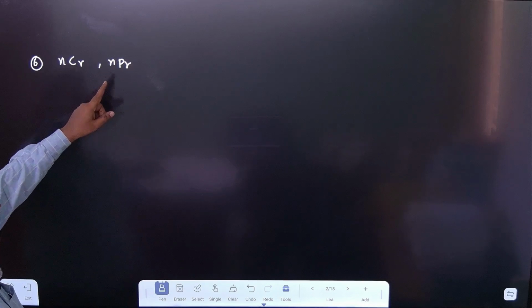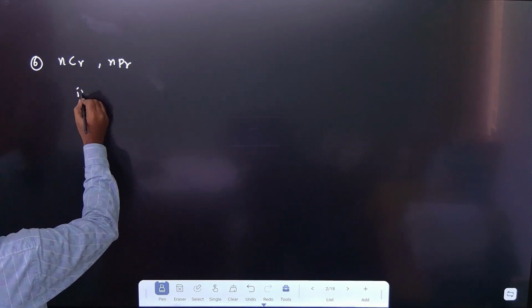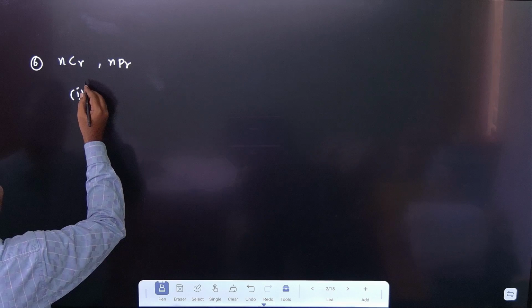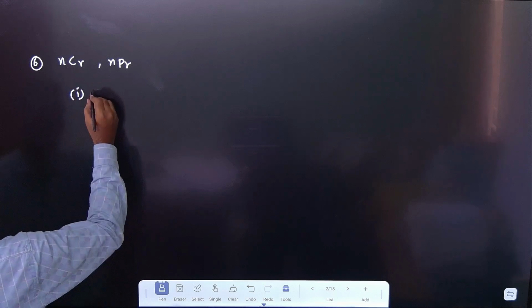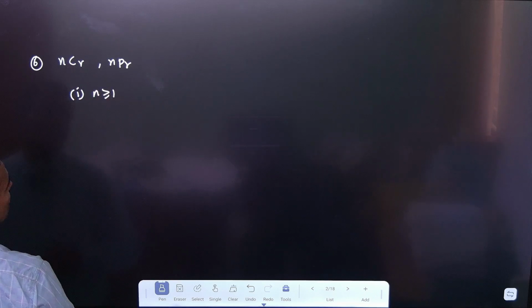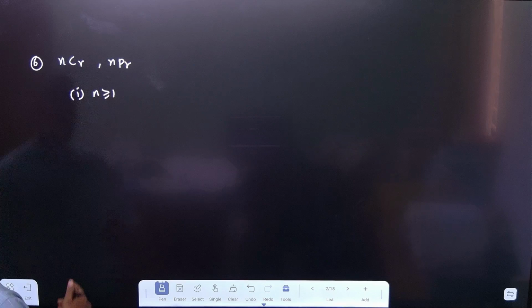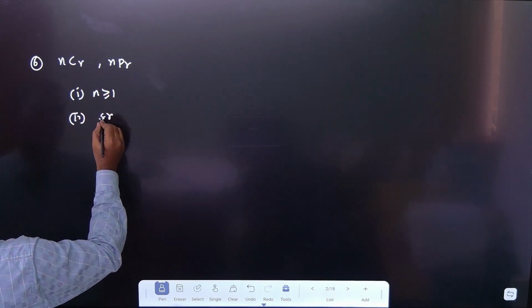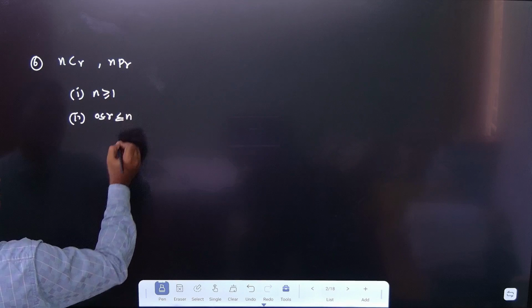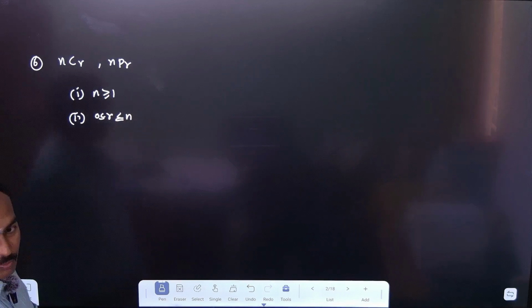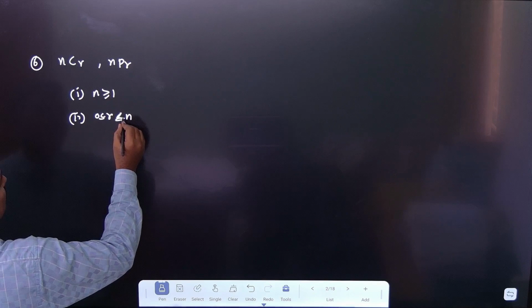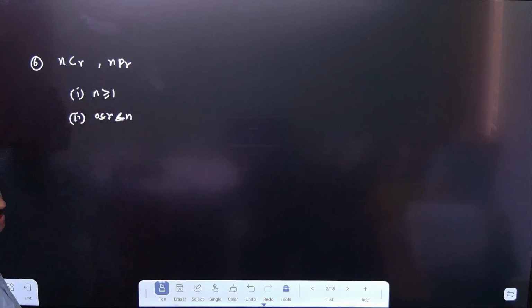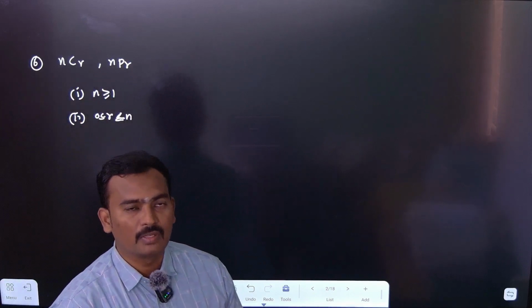The first observation is that n should not be 0; n should be greater than or equal to 1. And second, r would range from 0 to n. r may be 0, but n should not be 0. So this is the condition for permutation and combination kind of problems. Okay.